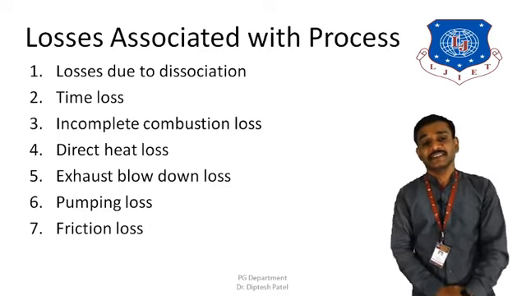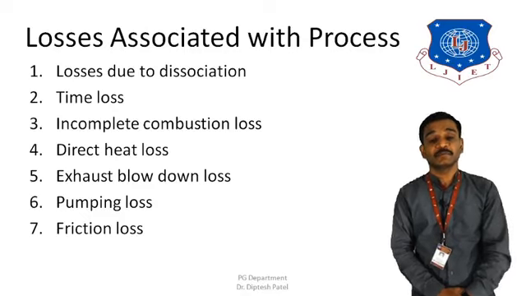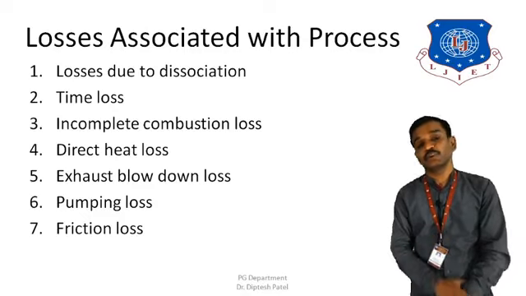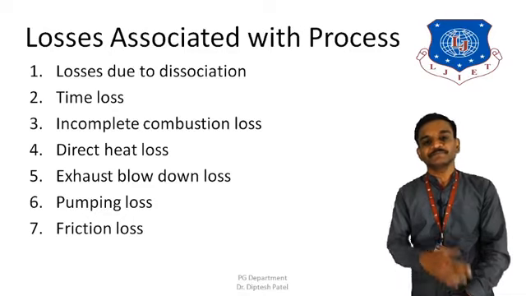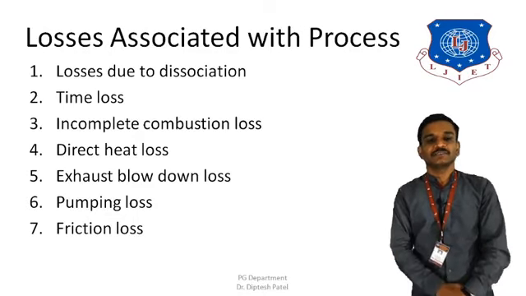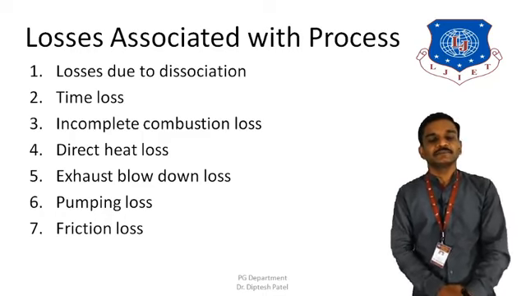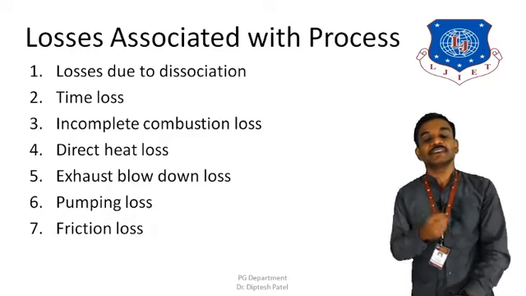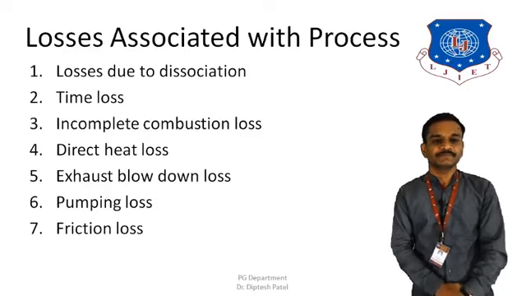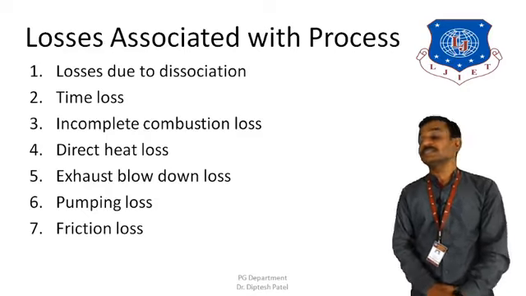Now dissociation is exactly the reverse process of combustion, in which heat is absorbed because of the breakdown of CO2 into CO and O2, and also there is a little dissociation of H2O as well. So it basically absorbs heat in the cylinder. Second one is time loss.